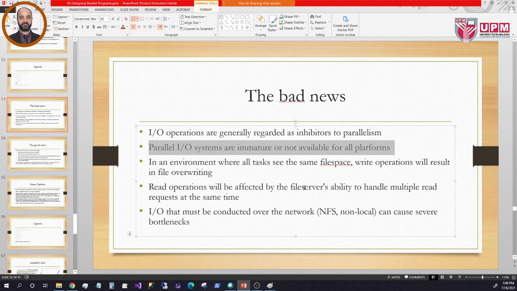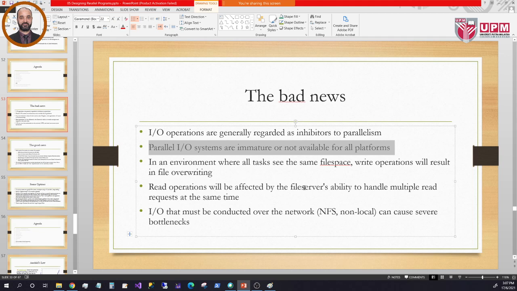If we have 30 tasks that need to read files from the server, but the server can handle only 10 files at a time, then 10 tasks will be served and 20 will be in a queue waiting for the server to be ready, right? So this is also considered an I/O inhibitor.